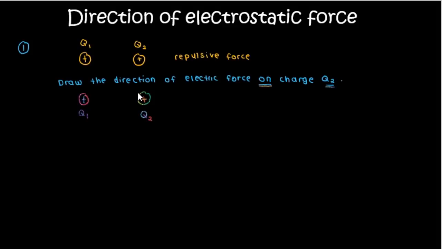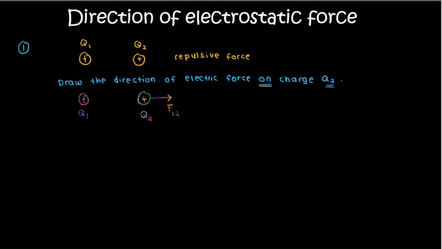On charge Q2 means that your focus is on charge Q2 only, and it wants to move away from Q1. Move away means it will move to the right. How do we label it? F of 1 on charge 2, so F12. This is how you draw the direction of electric force.